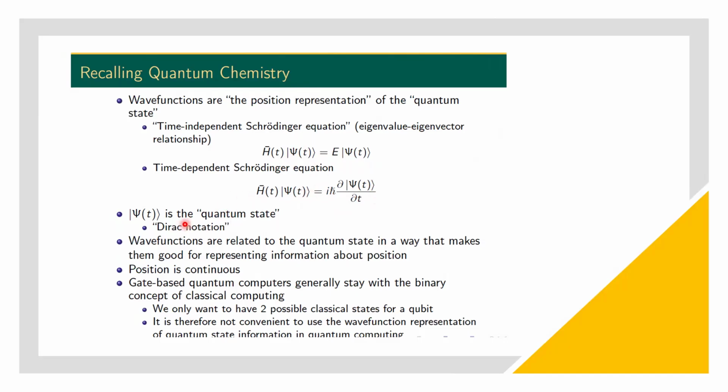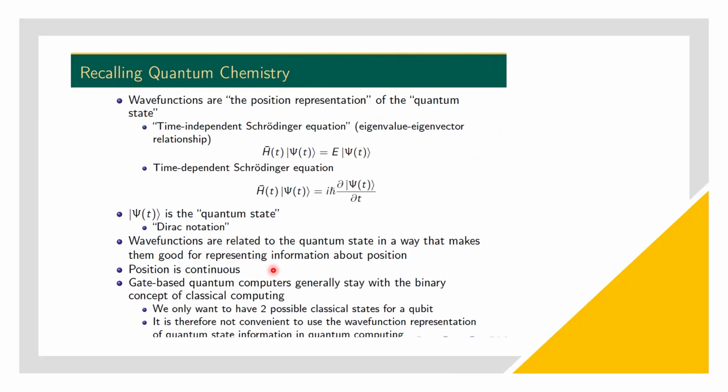In this case, this ket psi is the quantum state, and this is Dirac notation. Wave functions are related to the quantum state in a way that makes them good for representing information about position. But when you have position, you can take any value of a position.